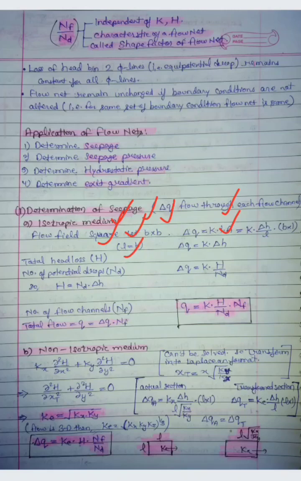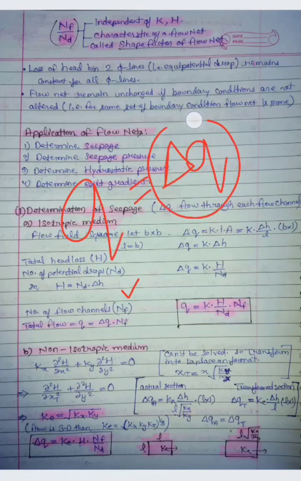So the total head drop will be equal to ND into delta H. So our delta Q will be K into H upon ND. Now with number of flow channels NF, the total flow through the flow net will be Q equal to delta Q, the flow from one flow channel, into the number of flow channels.